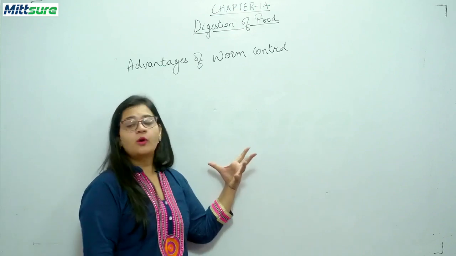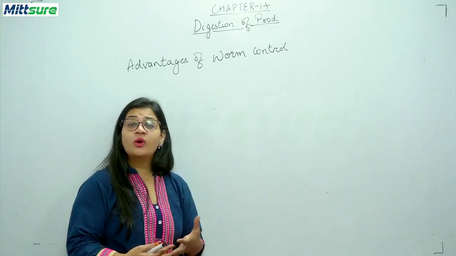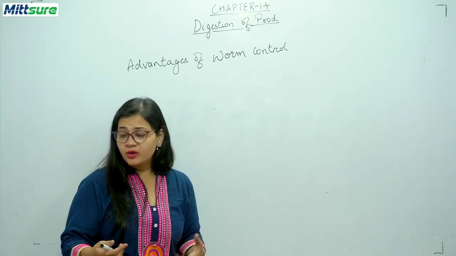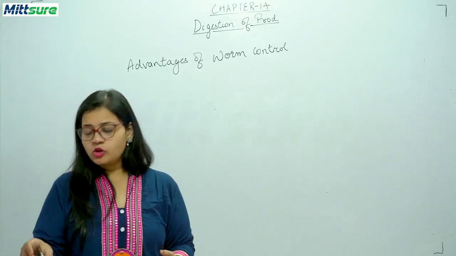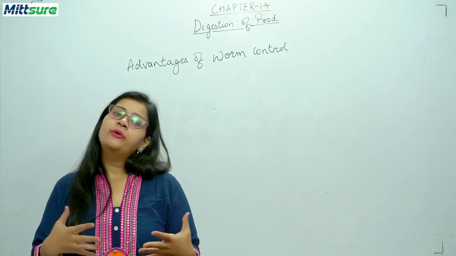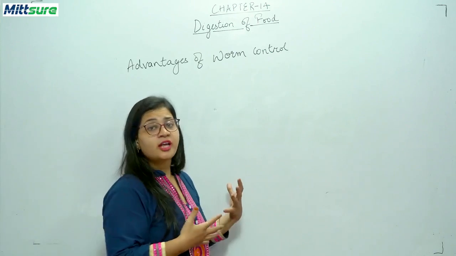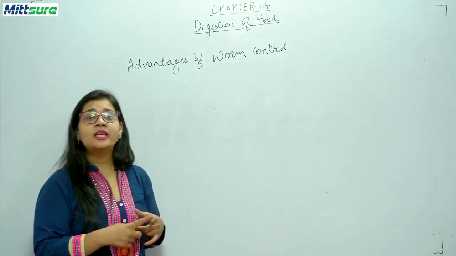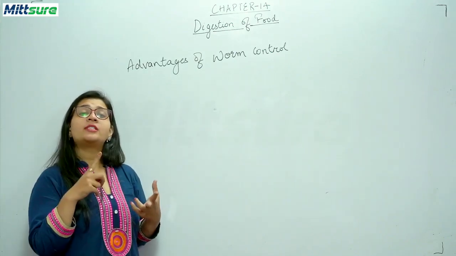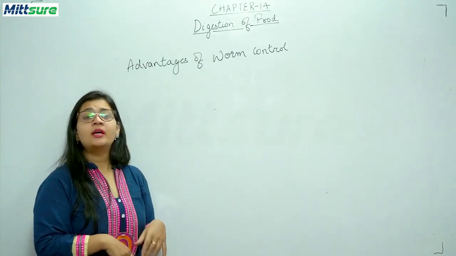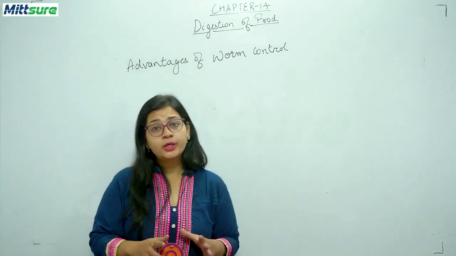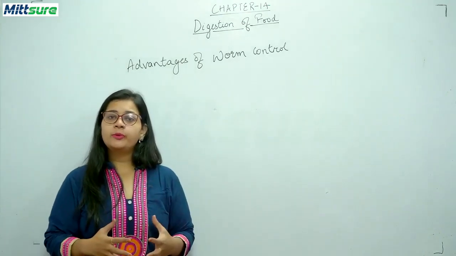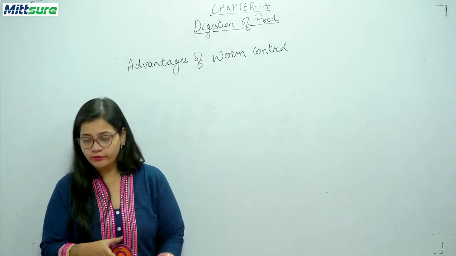So due to this worm control, children do not fall ill frequently. You should always use the methods of protection from worm infection that we have discussed, all the 6 points. Then you should always take care of yourself. Always have a balanced diet. Every food item should be included in your food group and in your food pyramid.